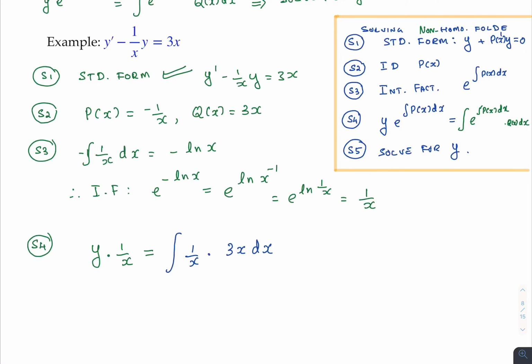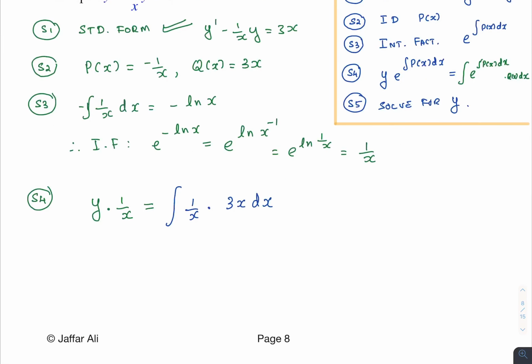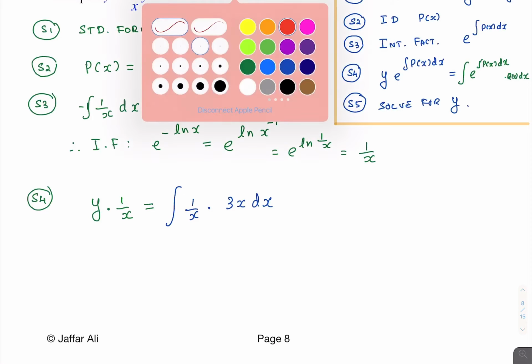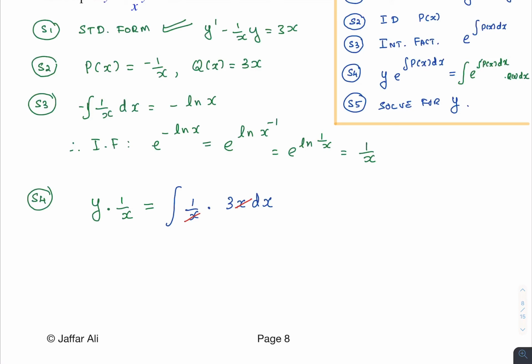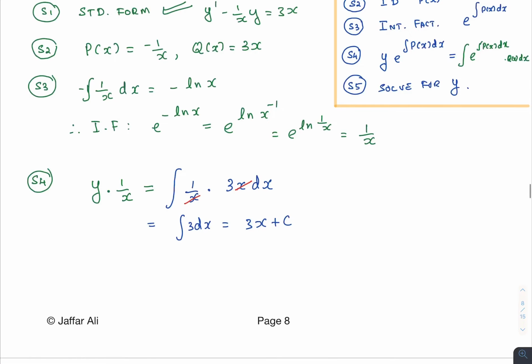Again, I chose the ones that are easier for us to do. My goal is not to do very complex integration, but you should know how to do it. The good news is that x and x get canceled, and I have simply the integral of 3 dx, which is equal to 3x plus c.